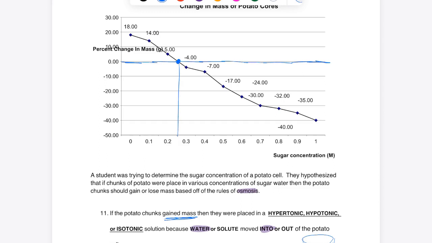And water concentration would be low inside whenever we have a high concentration of solute inside. Therefore, we would have a low concentration of solute outside the cell. So that would be called a hypotonic solution.